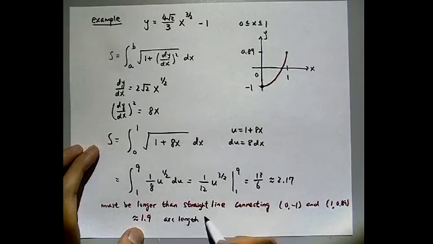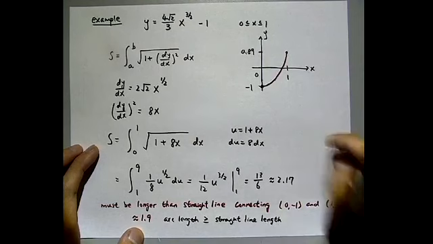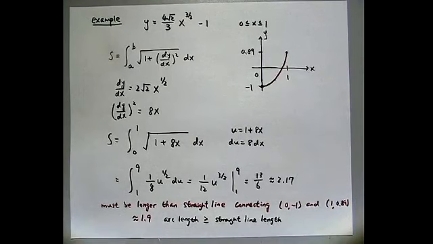So arc length must be greater than or equal to straight line length. It'll be equal if it's exactly a straight line, but in general, it should be somewhat bigger than that. Questions on this?